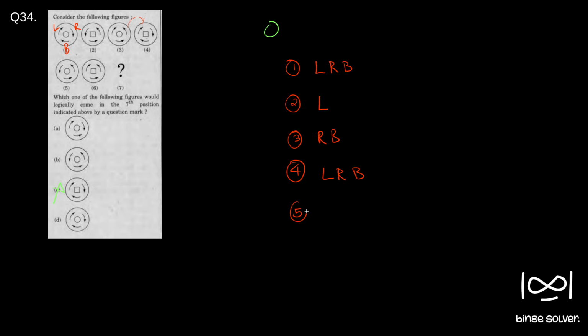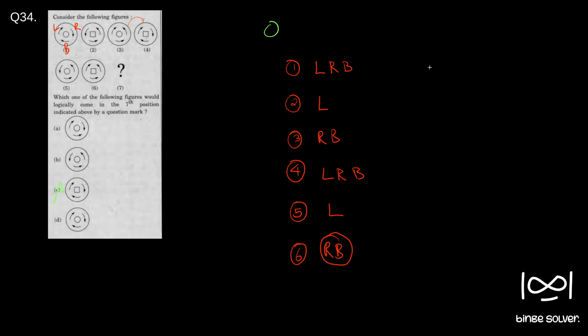So from fifth to sixth, only left arrow is getting inverted. So there is a pattern here: left, right, bottom get inverted, then only left gets inverted, then right, bottom get inverted, then left, right, bottom, then left. So the next transformation in this order has to be right and bottom arrows getting inverted.